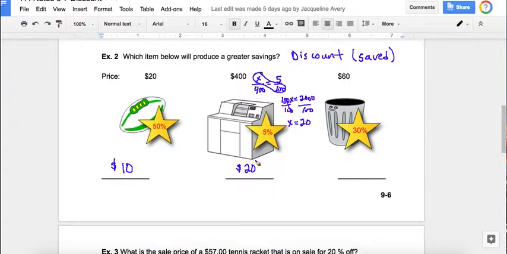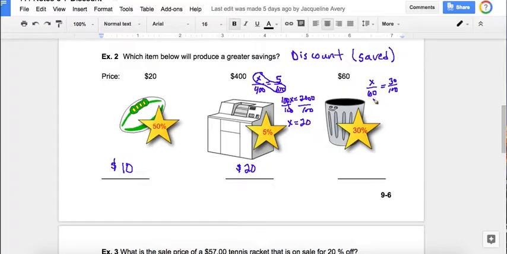So for those of you who were thinking the greatest savings is going to be the biggest percent, that statement is inaccurate after we've done these two. So now let's see what kind of savings 30% can produce on a $60 trash can. So once again, percent's always out of 100, and x over 60.